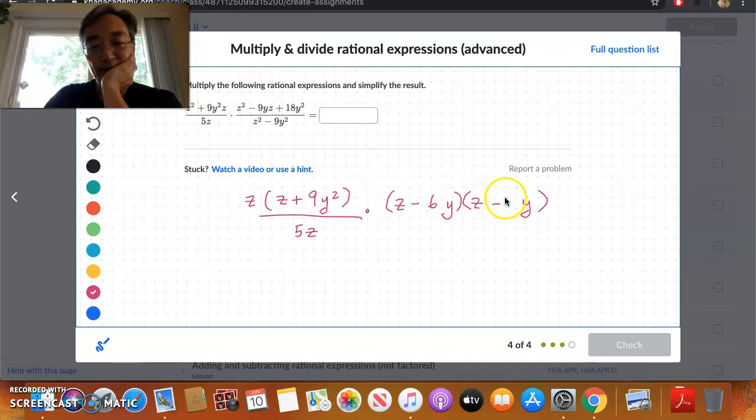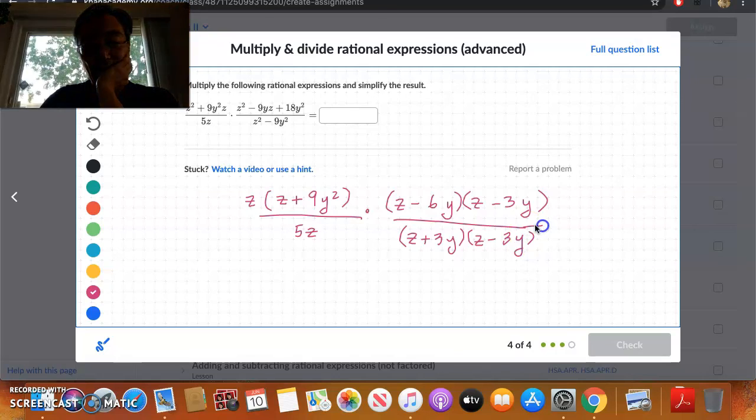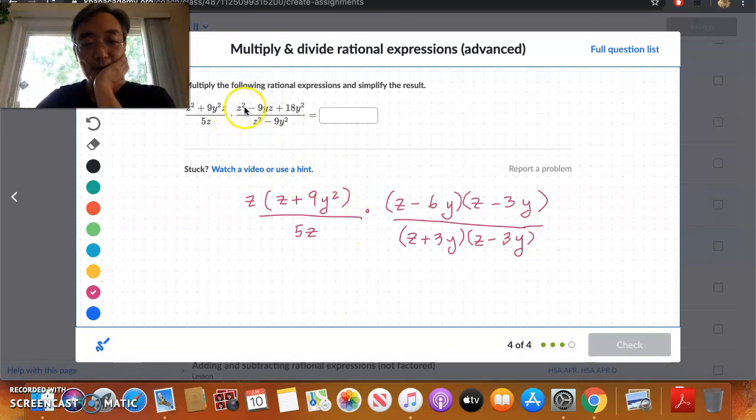So 6 and 3. Okay, all divided by, and this looks like the difference of two squares. So that's going to be z plus 3y and z minus 3y. Okay? Again, don't be afraid because you now have two variables here. Just treat it like you would without the y's and just throw them in at the end if it makes you a little bit more comfortable. Okay?